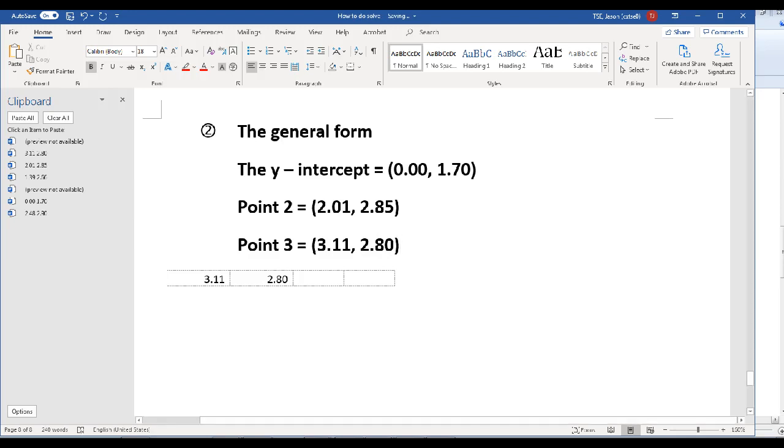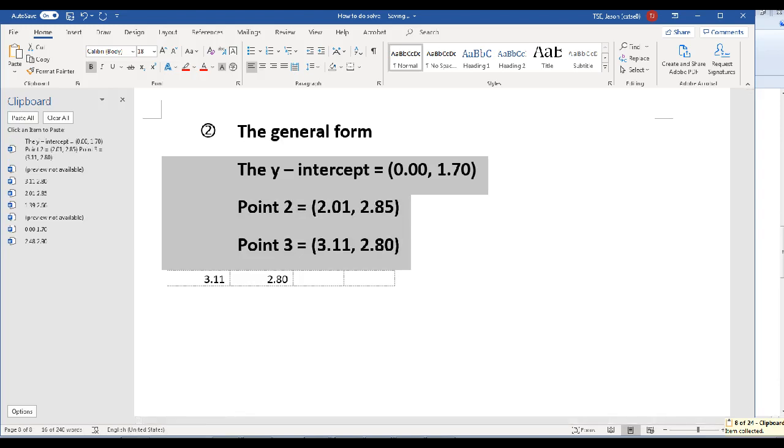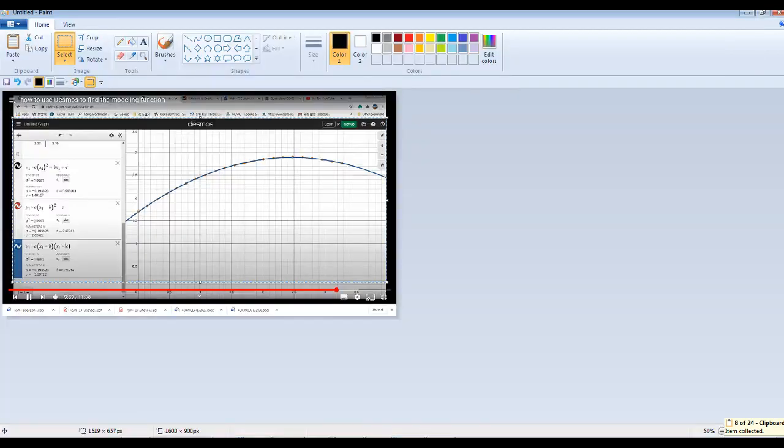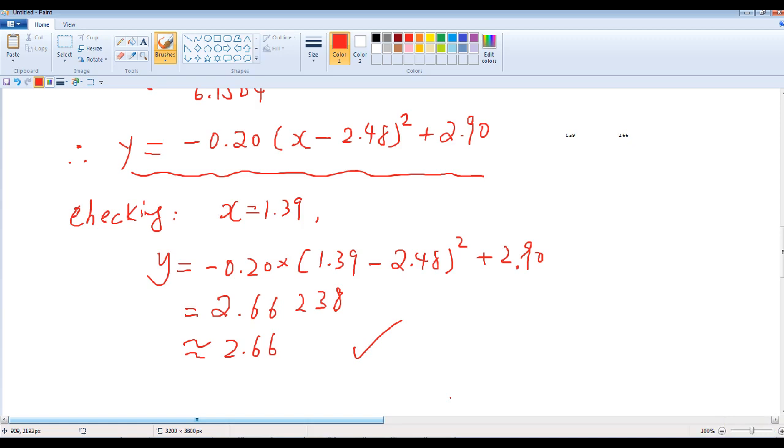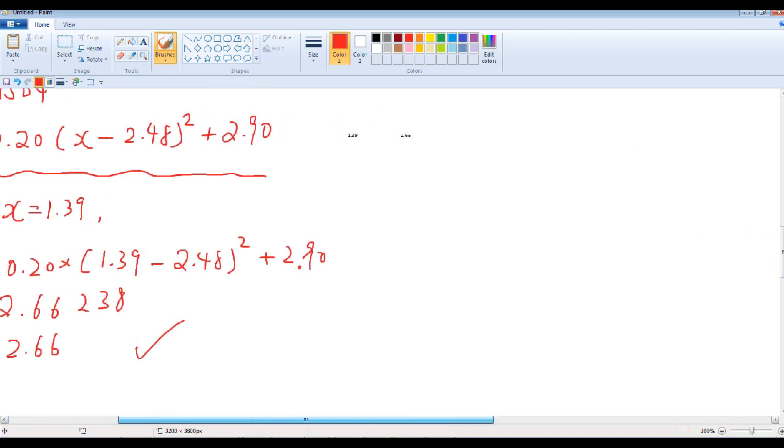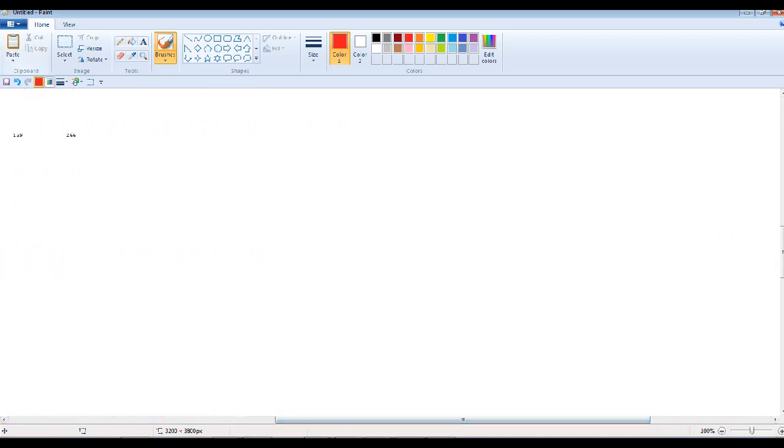Alright, so you've got 3 points. Let's copy this and go to here. Okay, let's try to work this out using the general form this time.